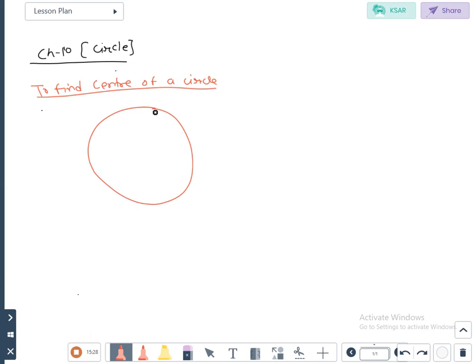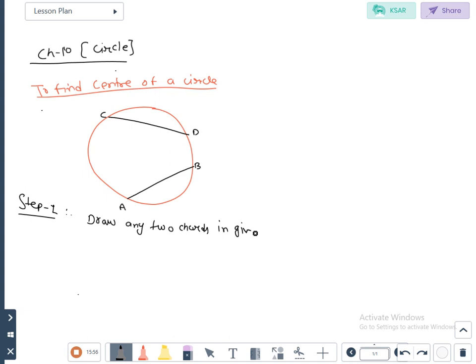So to find out the center of the circle, first of all we will draw any two chords AB and CD. So in step first, draw any two chords in the given circle.